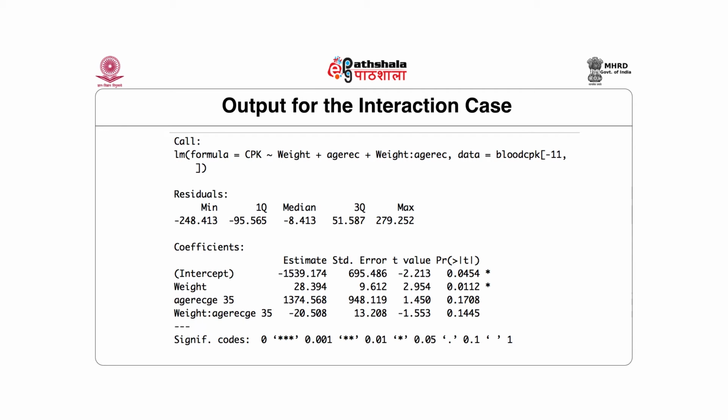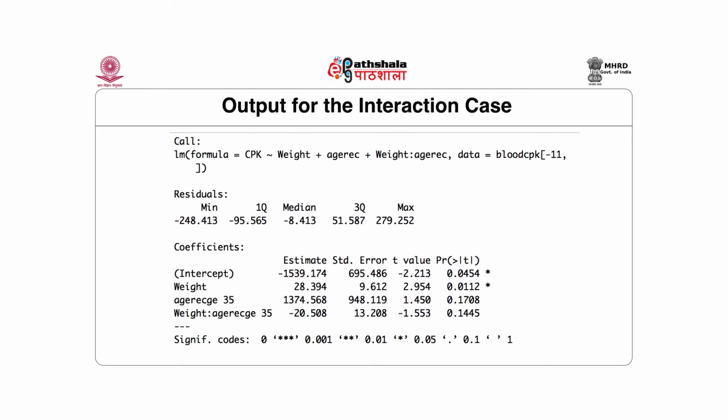Remember, when we recoded the age, we recoded it so that age band 35 and above was given a value of 1, and the age band less than 35 years was given a value of 0. So here, R is telling us that the age band was converted into a variable with 0 as the reference category, and whatever else remained as the category for which it's going to give you values.